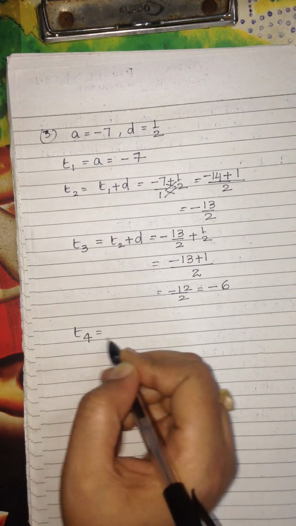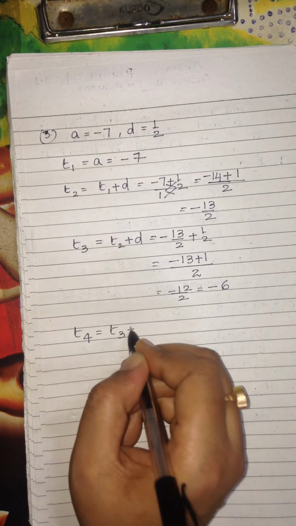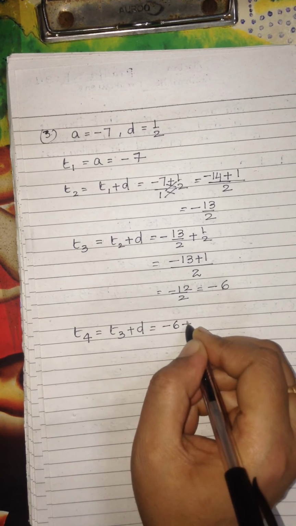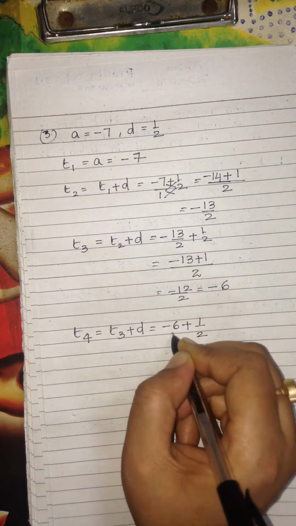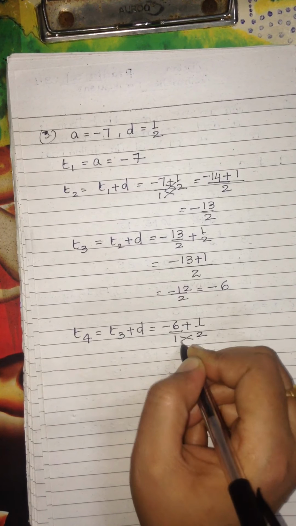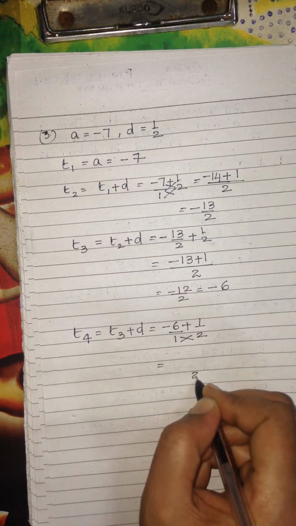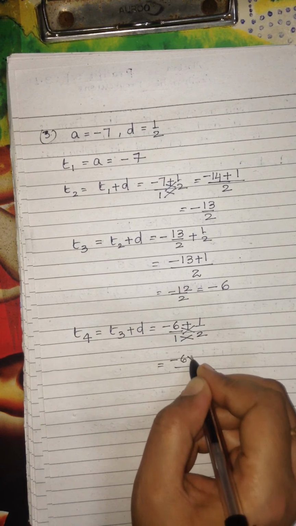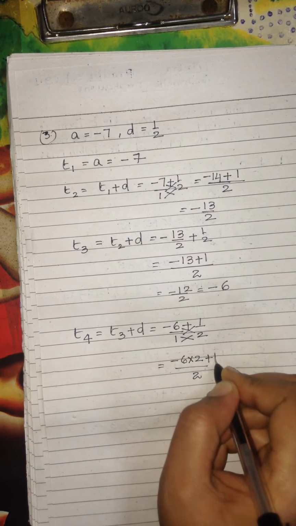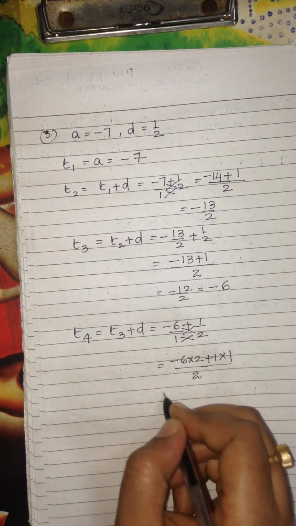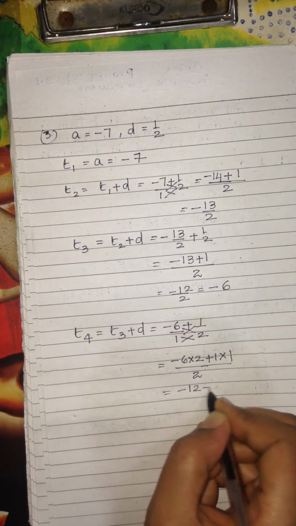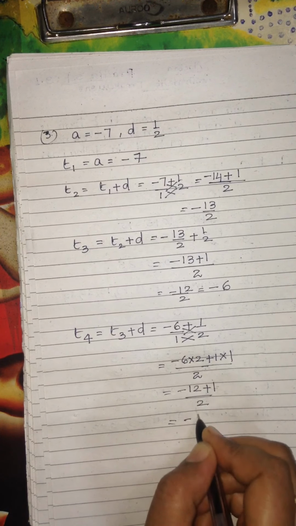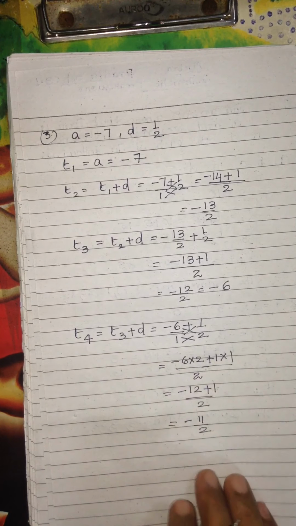Find t4, that is t3 plus d is equal to -6 plus half again, so denominator 1, take the LCM, cross multiplications of the denominators, and the cross multiplication with the numerator, that gives you minus 12 plus 1 upon 2, that is minus 11 upon 2.